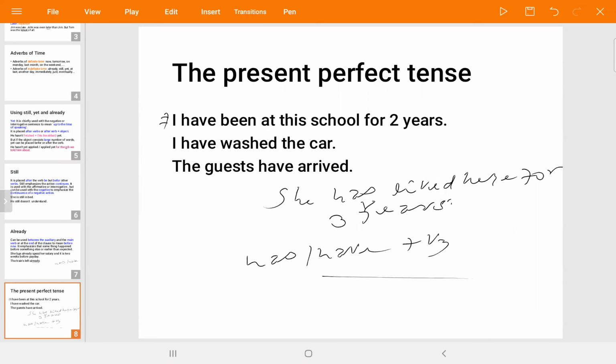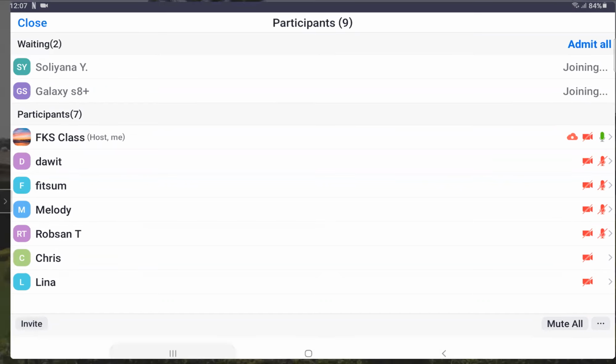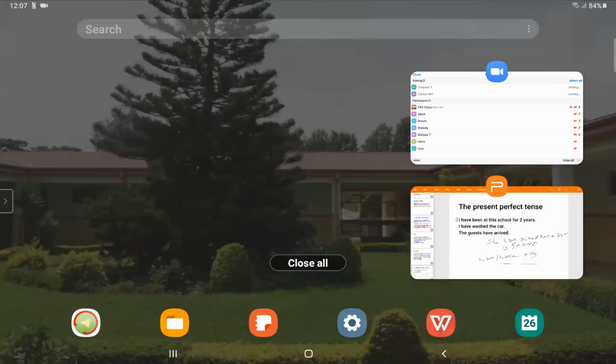What about the second one? I have washed the car. So tell me the use of this sentence. It is present perfect tense. So here you are.